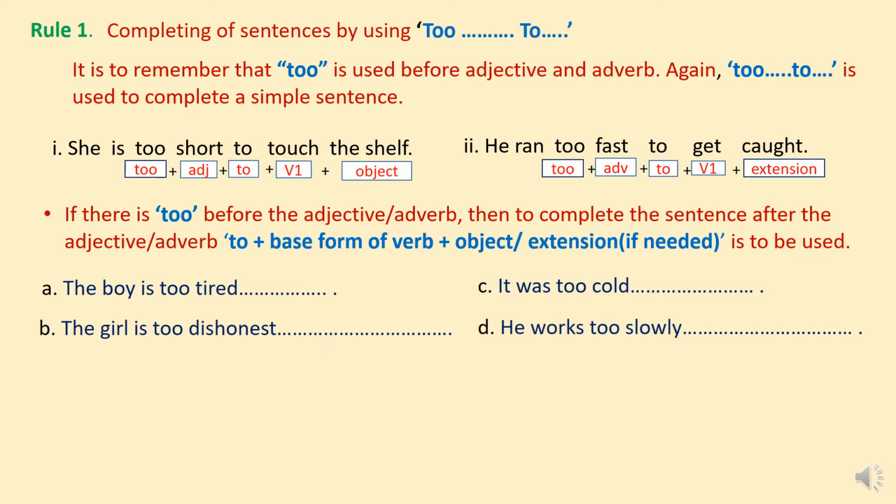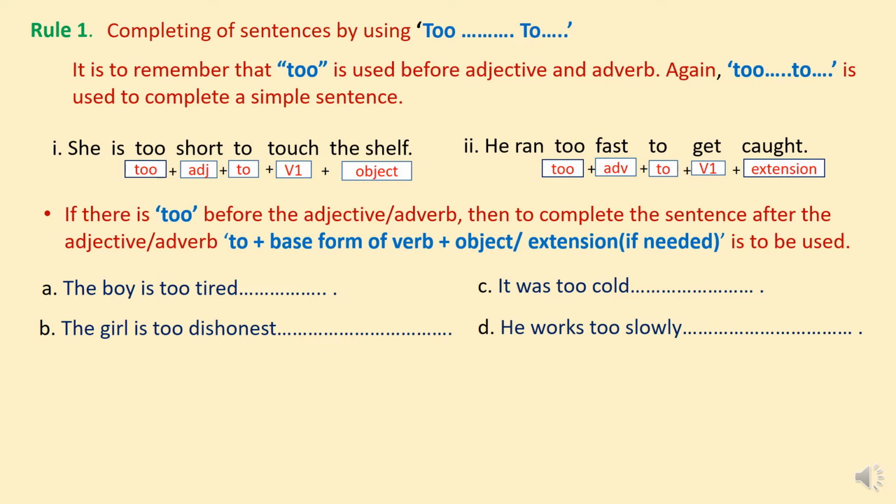Now dears, how will you complete it? Let us follow the structure and complete. Here we can see the boy is subject, is verb, too, plus there is adjective tired.